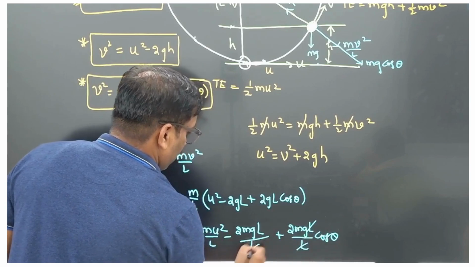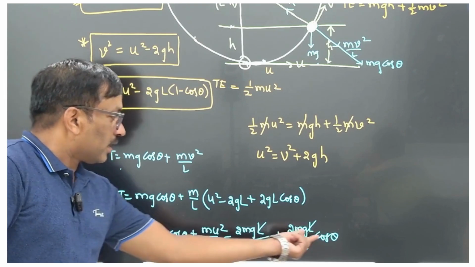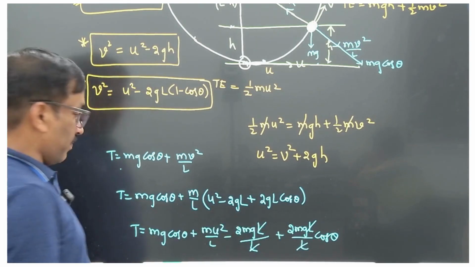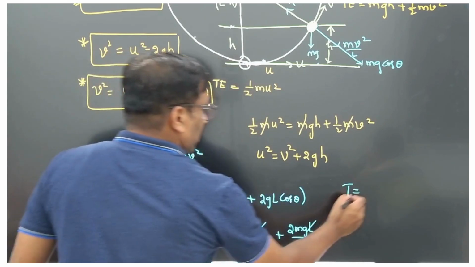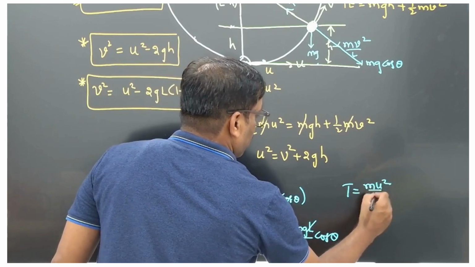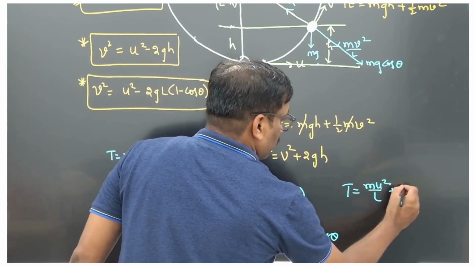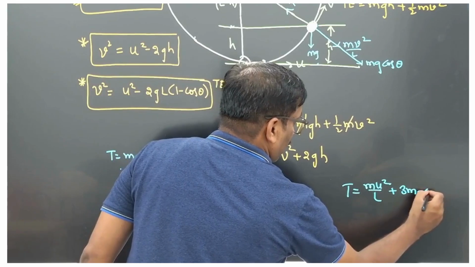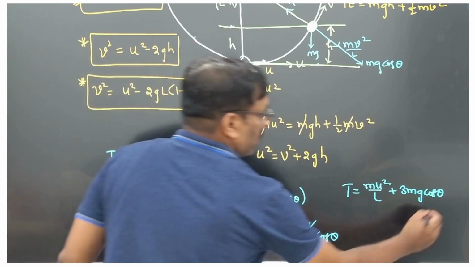L cancels, so mg cos theta and 2mg cos theta give a total of 3mg cos theta. So tension is mu square by L plus 3mg cos theta minus 2mg.